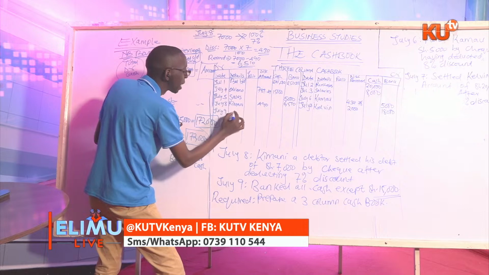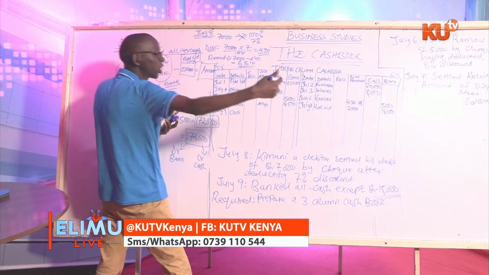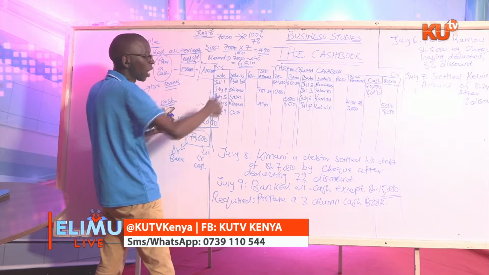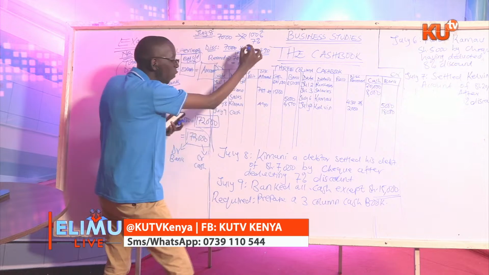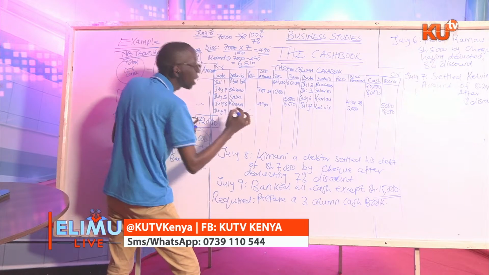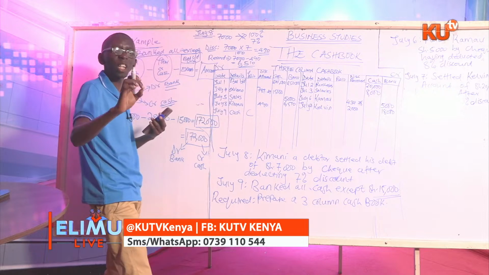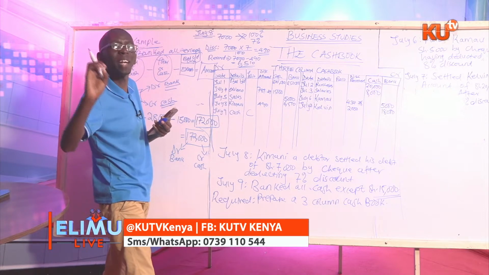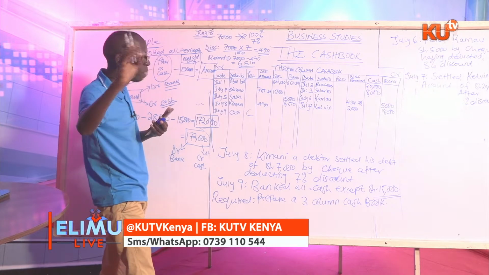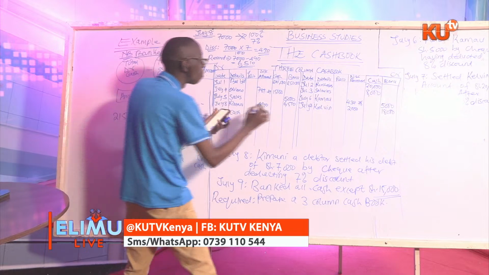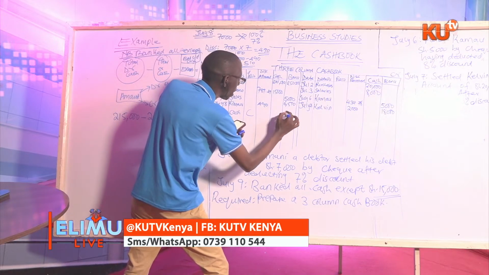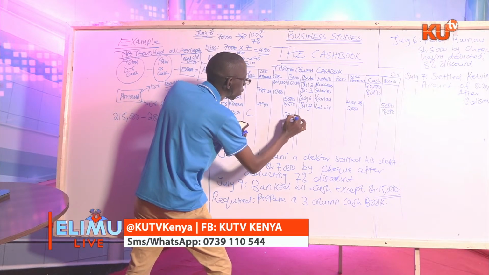The details will be cash. Why? It is cash that has been deposited to bank. Folio is C. C means contra entry. We write C when a transaction affects both cash and bank at the same time. Then the amount on the debit side of the bank, 172,000.